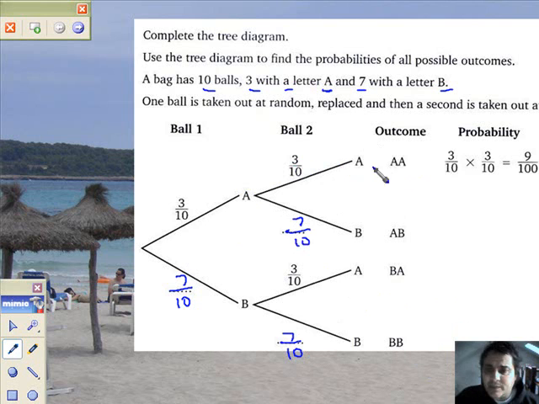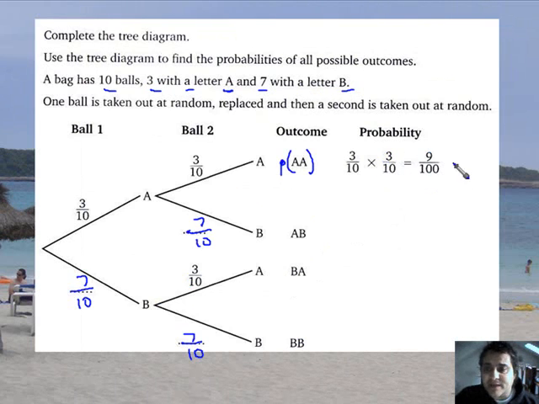And if we have a look here, because these events are independent, the probability of getting a double A, so probability of AA, would be 3/10 followed by 3/10, which is 9/100. We'll do the same here. Probability of getting an A followed by B is going to be 3/10 followed by 7/10.